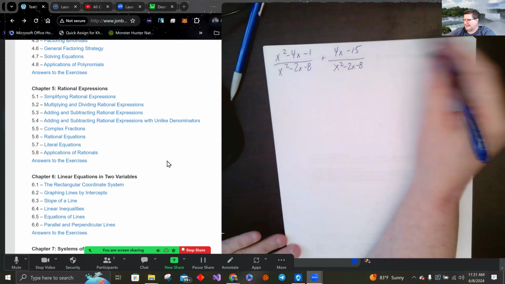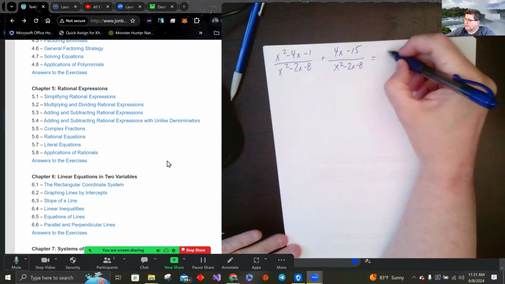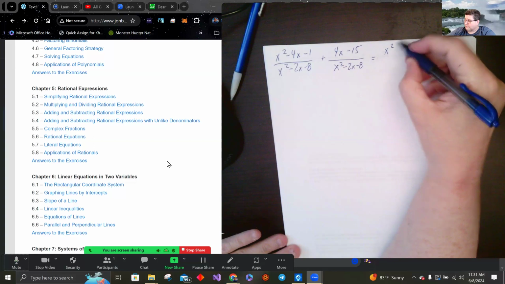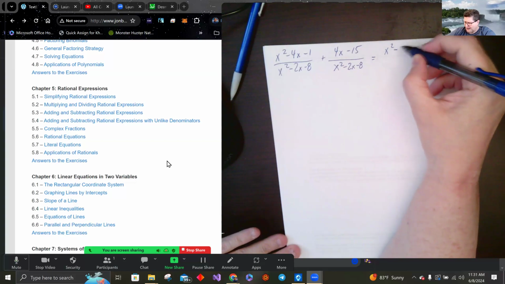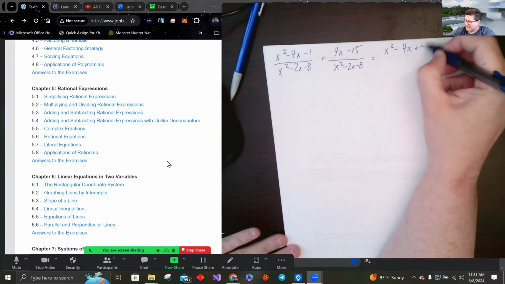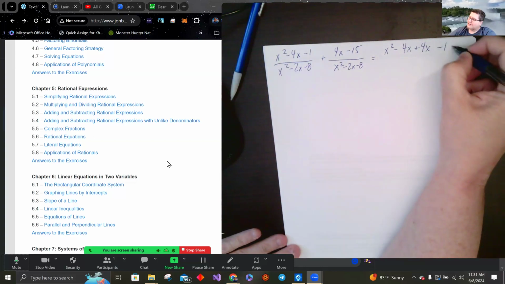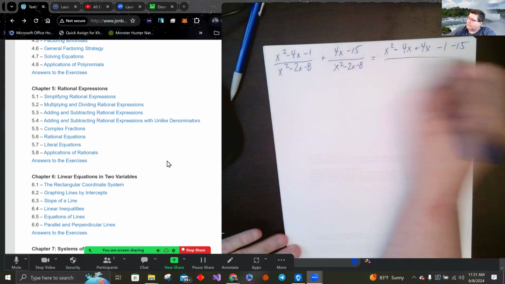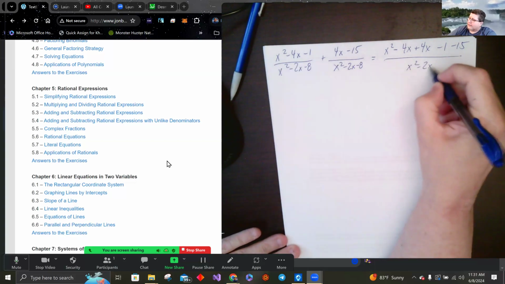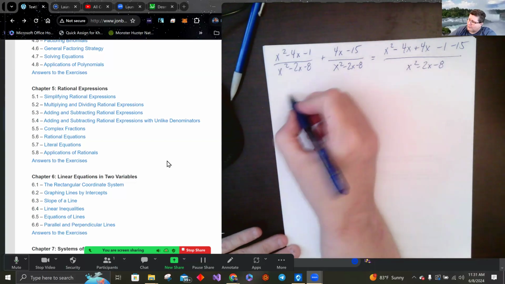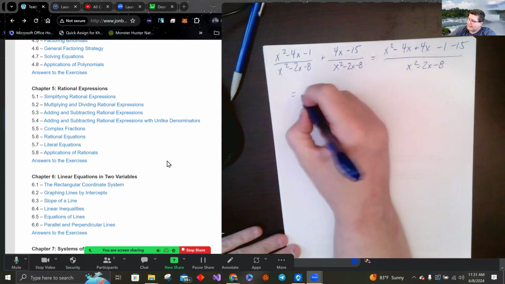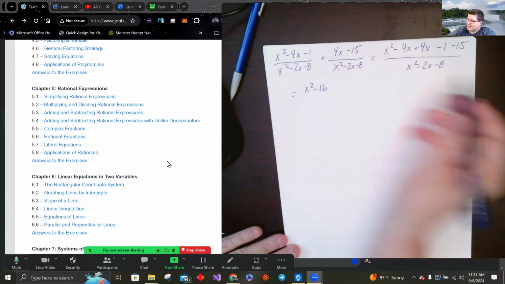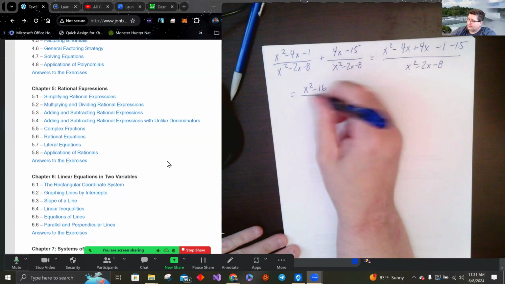When we add these together, we can add just fine normally. I'm going to put the x's next to each other and the constants next to each other. And when we combine those like terms, we have x squared minus 16. The minus 4x and plus 4x cancel.